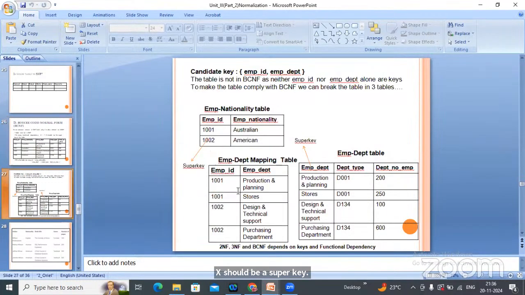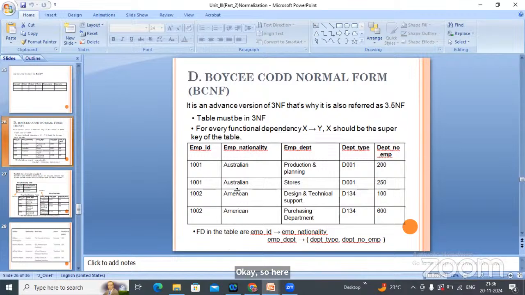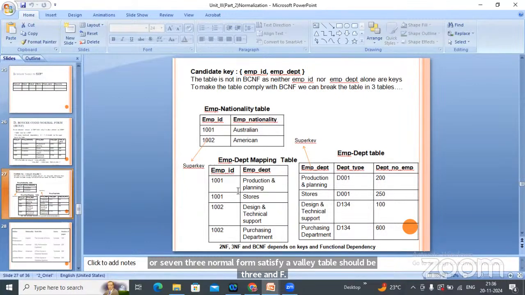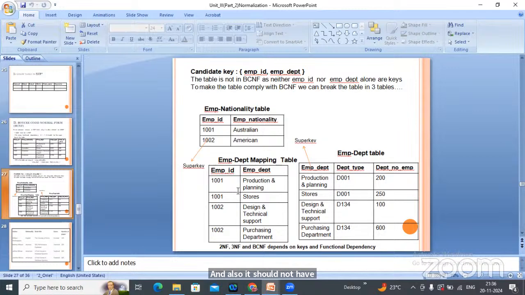So here there are 2 tables: employee ID, employee nationality, employee department, department type, department number. This is 3.5, so it should satisfy third normal form. The table should be in 3NF and it should not have a dependency where A tends to B unless A is a super key.